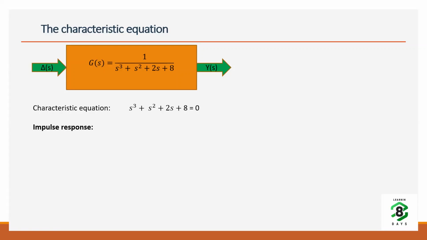Steady state impulse response should be 0. And the steady state output for an impulse input we can easily derive from the transfer function, right? Because the Laplace transform of the impulse is equal to 1, that means Y(s) is equal to G(s).